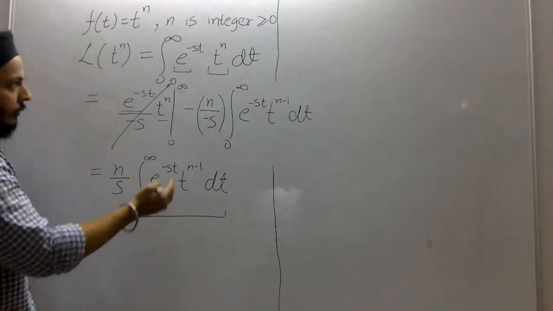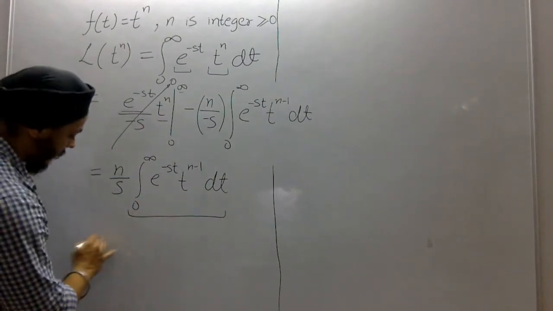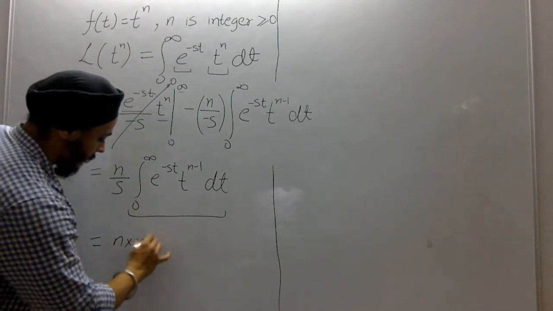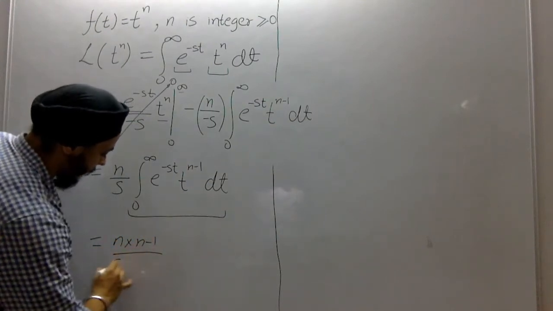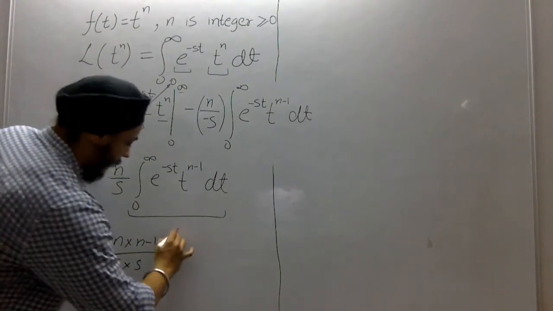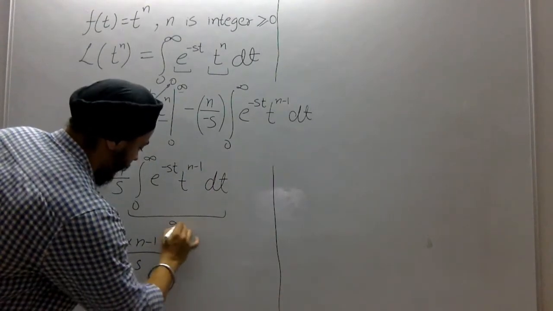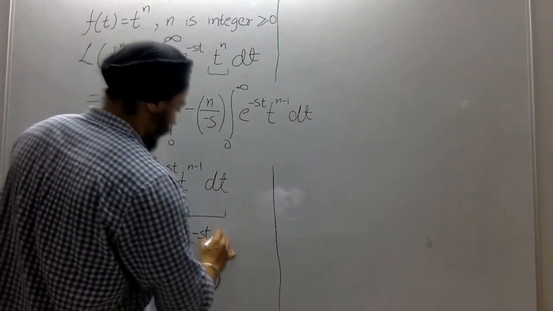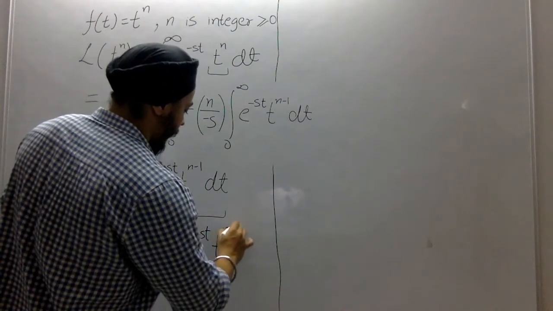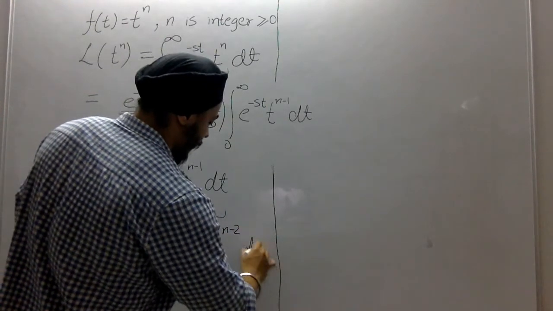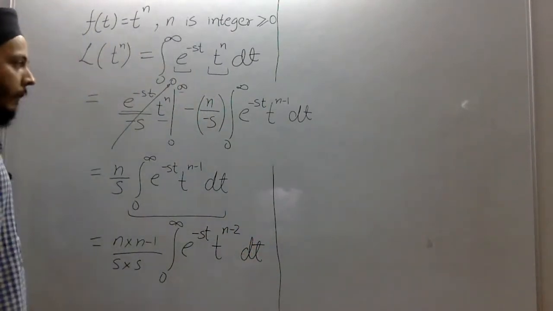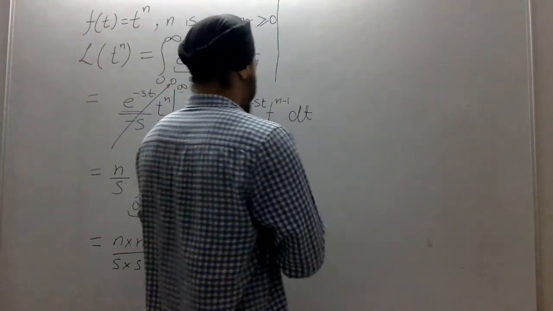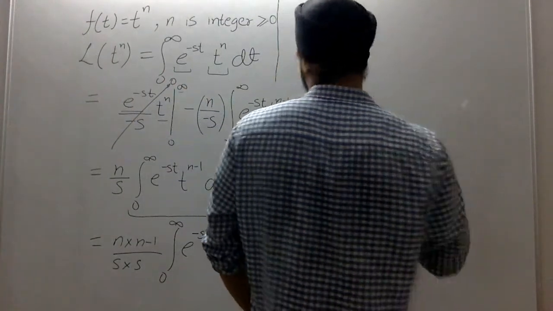Now if we do the integration by parts again, we will get n into n minus 1 divided by s into s, integrating from 0 to infinity e to the power minus st t to the power n minus 2 times dt. Now we move on till the power of t becomes 0.